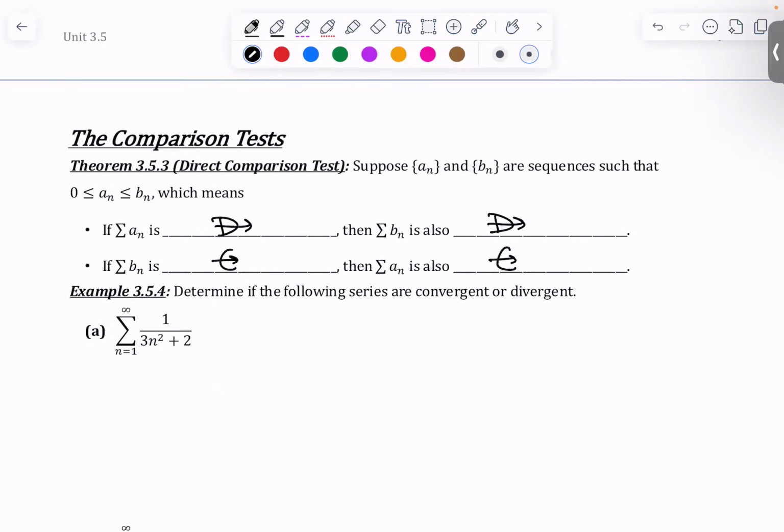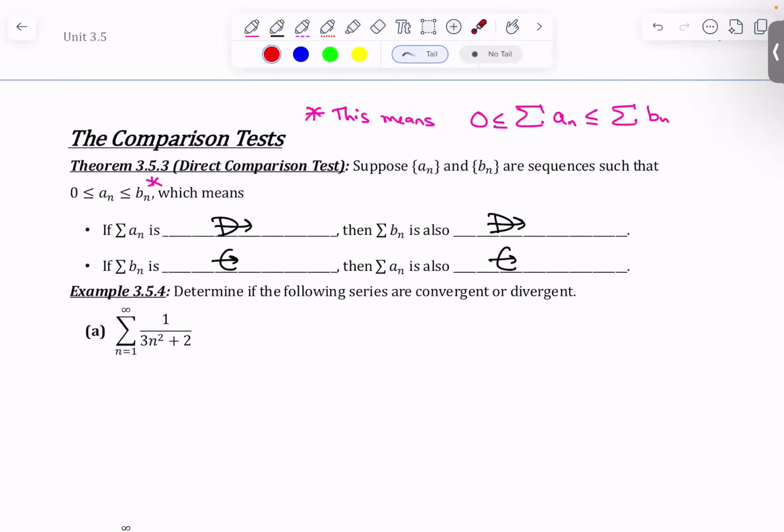Imagine this fact right here. I'll put a little asterisk here. This means that 0 is less than or equal to the series of a sub n, which is less than or equal to the series of b sub n. Right?